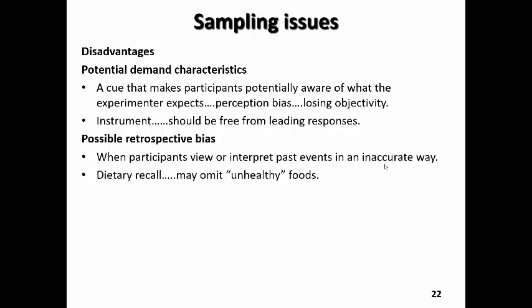If, for example, we're talking about dietary recall, so a nutrition-based study where participants are completing a food recall questionnaire on what they've consumed over the previous few days, those participants may consciously or subconsciously omit quote-unquote unhealthy foods, and in doing so that would not result in accurate information conveyed to the researchers.